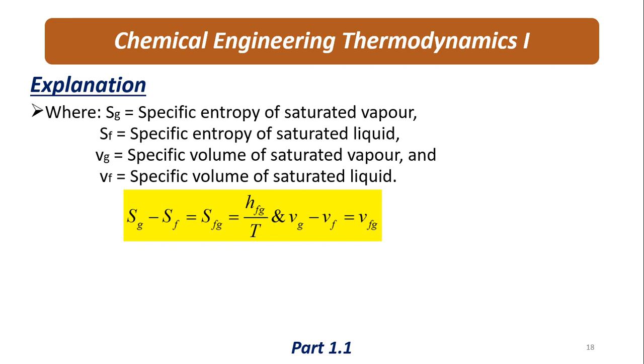So depending on the initial equation, the change in entropy of the system, which means the entropy of the gas minus the entropy of the liquid, is equal to Sfg, which is one way to write it, equal to the evaporation term, HFG divided by T, and Vg minus Vf, the change in specific volume, Vfg.